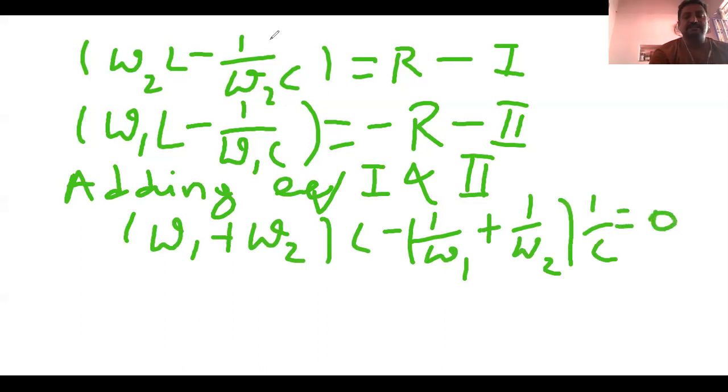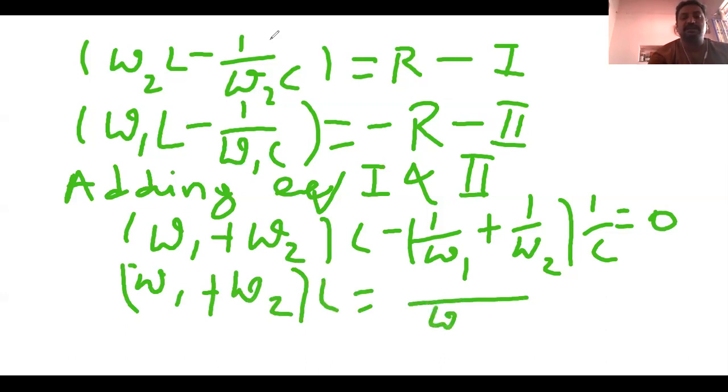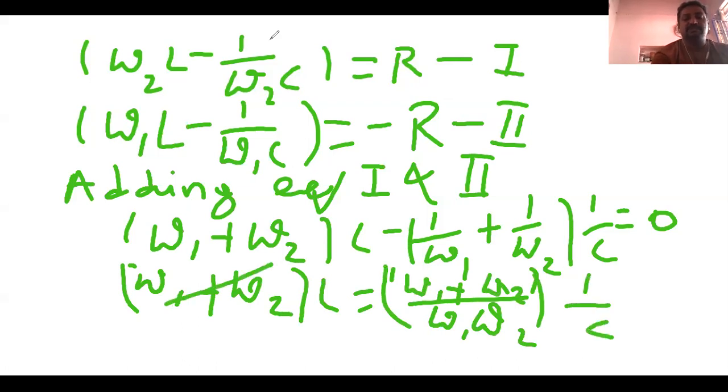Then we'll go down here: (ω1 + ω2) L equals, taking the LCM, (ω1 + ω2)/(ω1 ω2) × 1/C. So this (ω1 + ω2) gets cancelled, therefore ω1 ω2 = 1/LC.